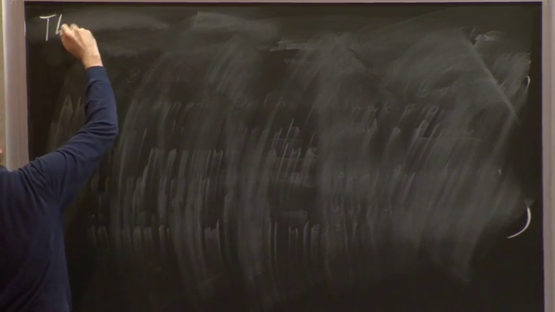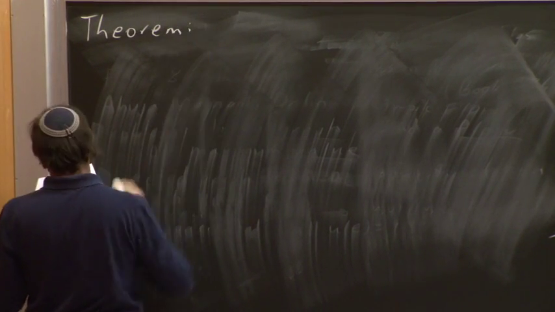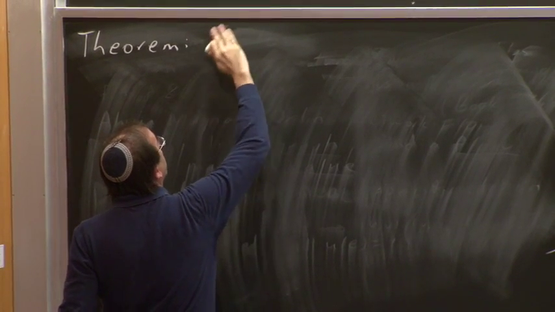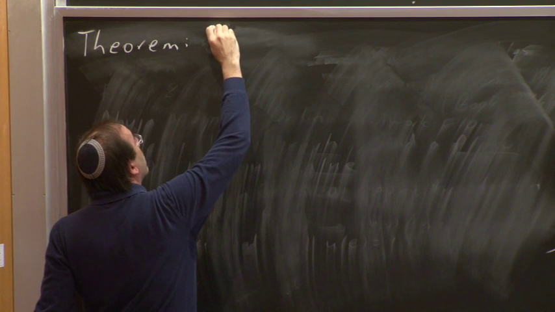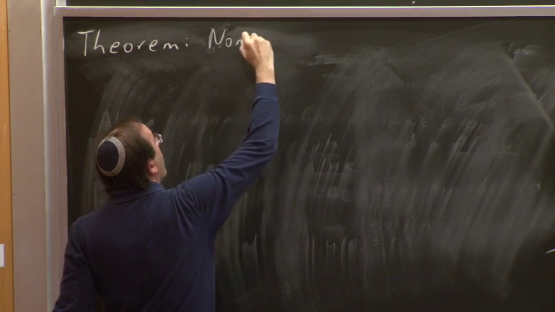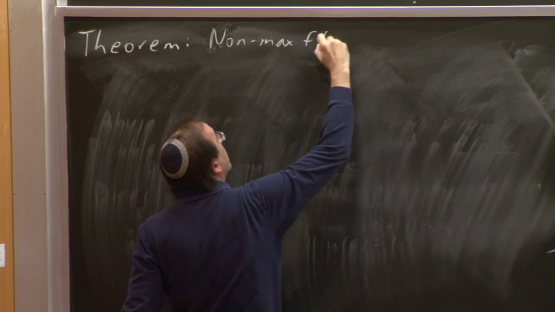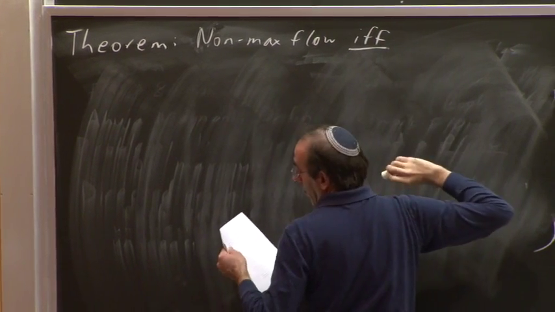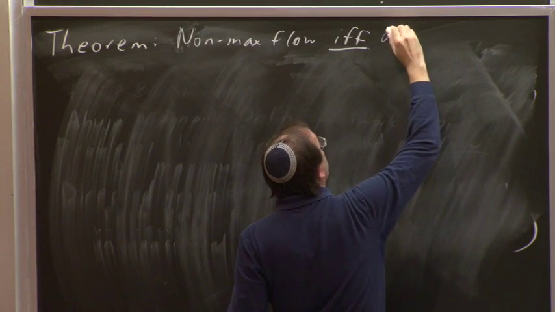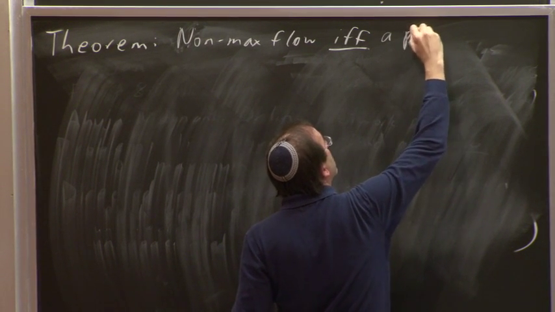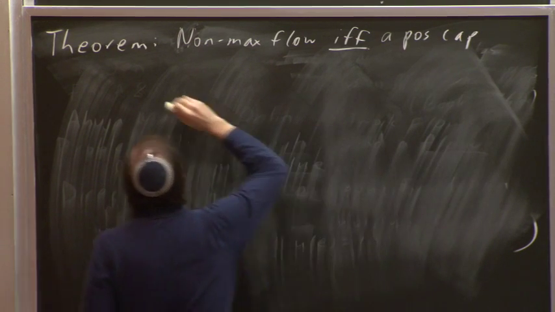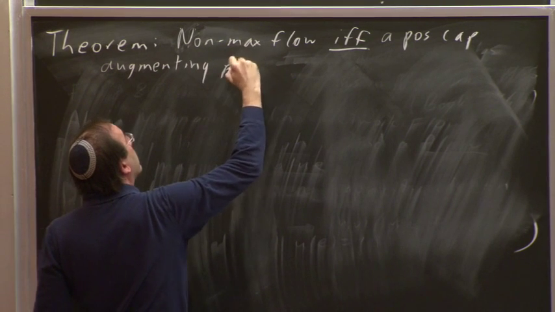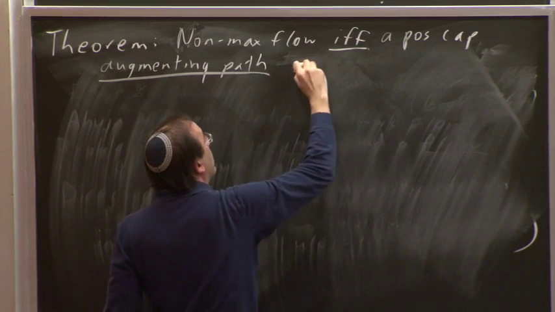Which is, you have a non-maximum flow if and only if there is a positive capacity path, and what we call that is an augmenting path, in the residual graph.